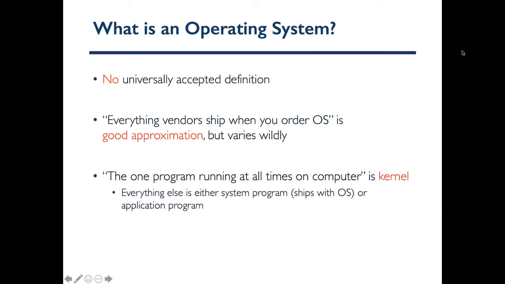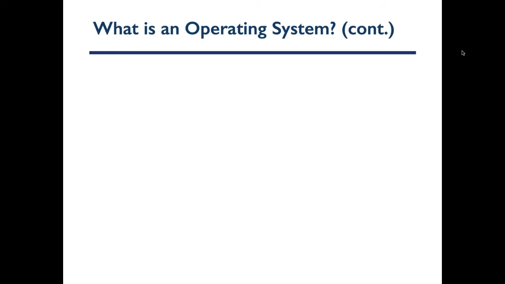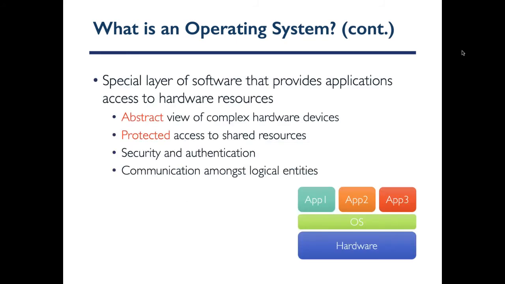One thing that is universal, everybody agrees, is that one program that is running all the time on your computer is the kernel. And every other piece is going to be an application program. For the purpose of this course, we're going to define an operating system as a special layer of software that sits between the hardware and applications. Its job is to provide an abstract view of the hardware.